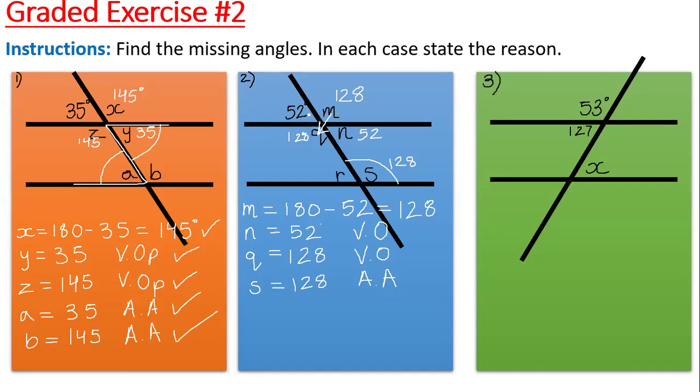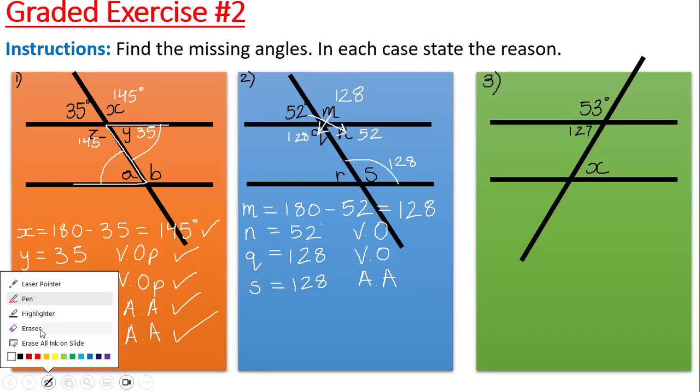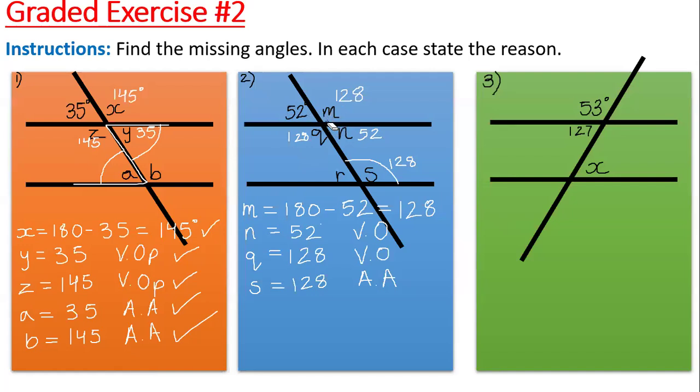If this is 52, this must also be 52, because again, vertically opposite. So now we have the ones on top. For the ones on top we use vertically opposite, but for the ones at the bottom we use alternate angles.